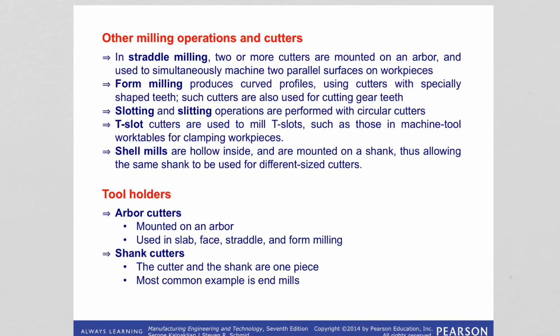Arbor is driven by the spindle and provides the necessary length for the tool to reach the workpiece in these operations. In shank cutters, the cutter and the shank are one piece, and the most common example is end mills.